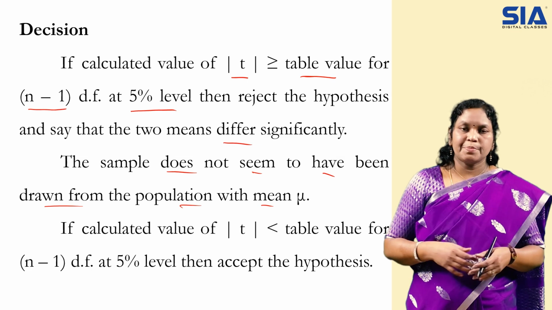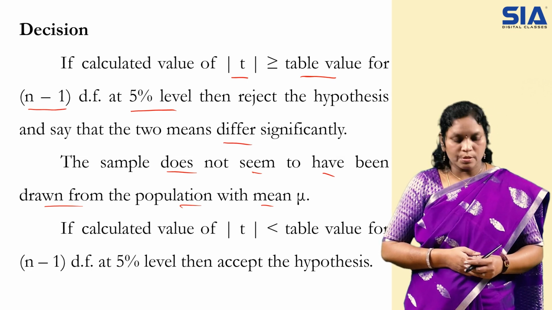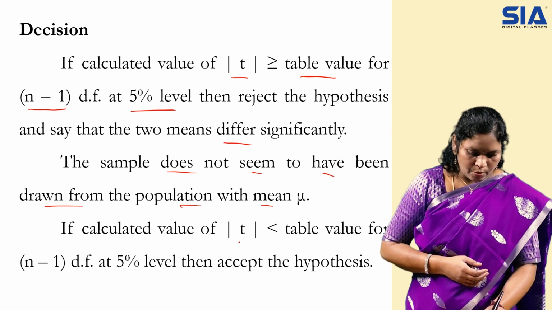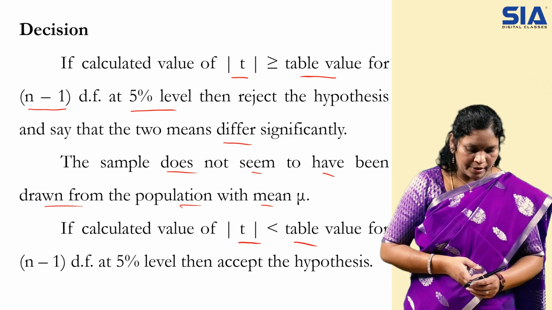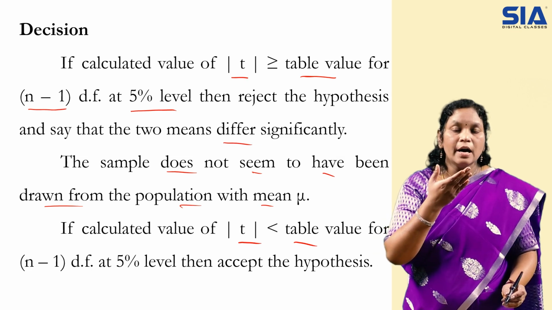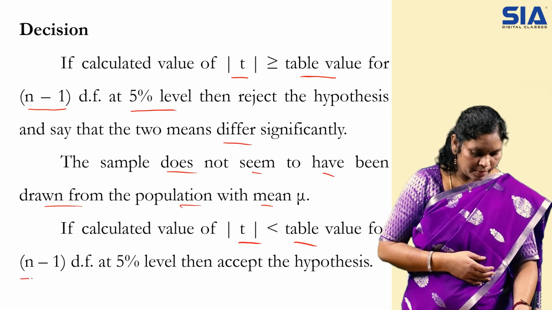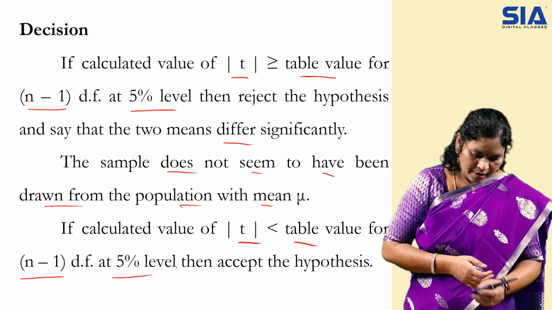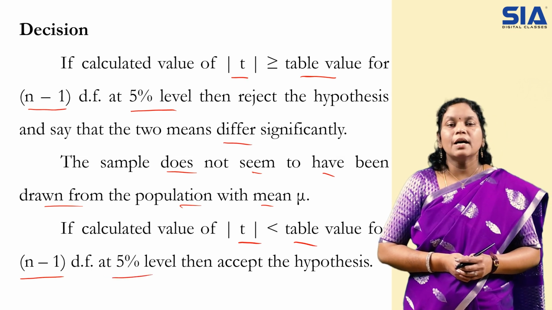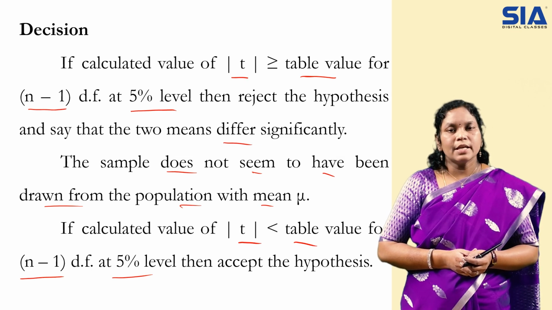Now, what are the conditions to accept the null hypothesis? If the calculated value of mod t is less than the table value, which we obtain using degrees of freedom and LOS, that is n minus 1 degrees of freedom at 5% level, then we accept the null hypothesis H naught.